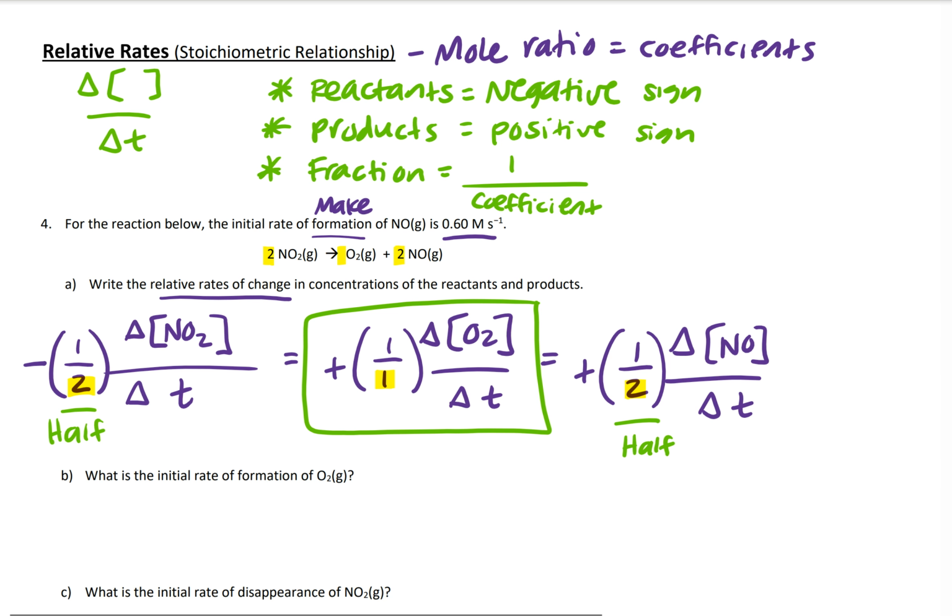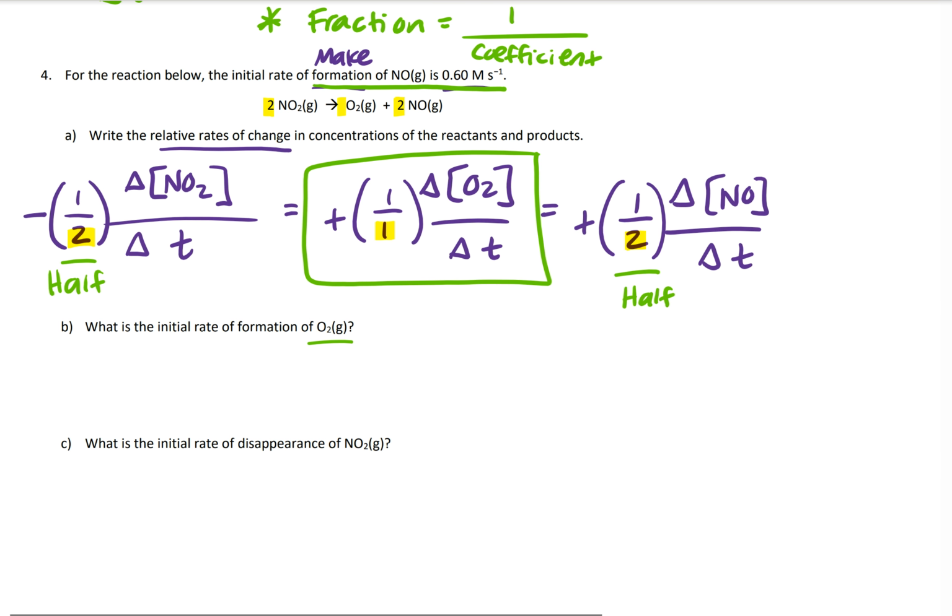So part B is asking us, what is the initial rate of formation of oxygen gas? Well, they told me the formation rate of NO is 0.60 molar per second. This is stoichiometry.